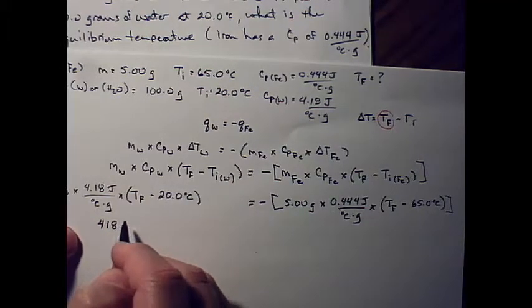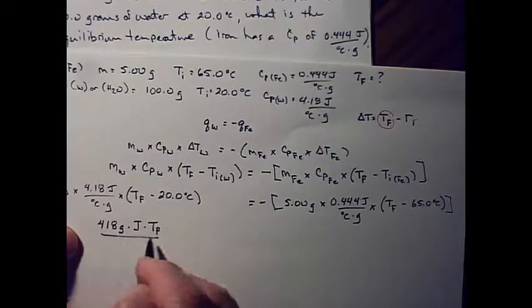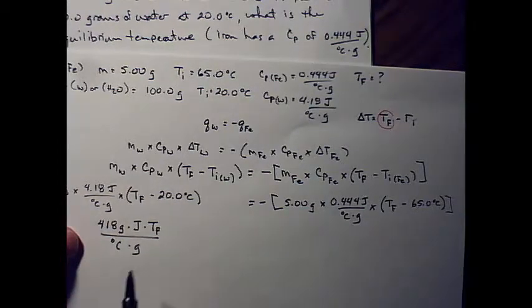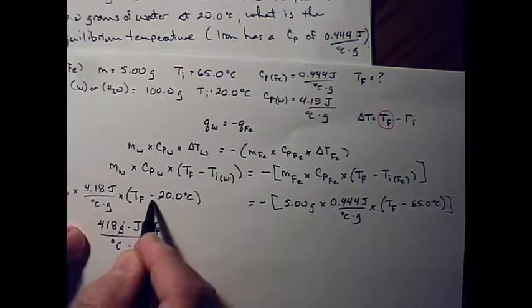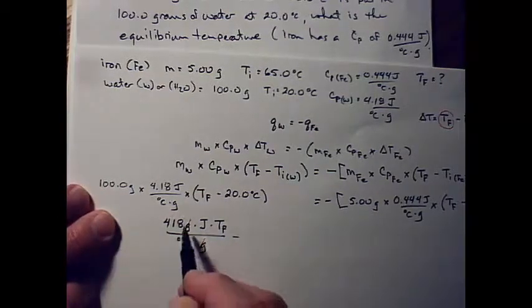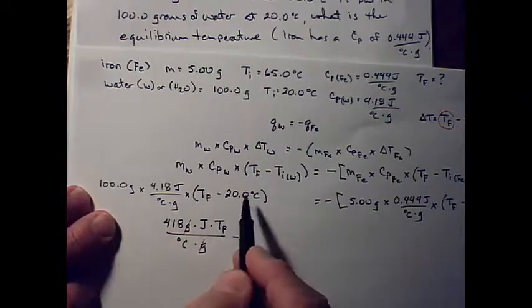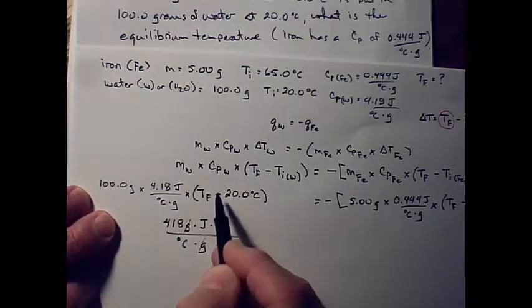So we're going to start out with grams times joules times T sub F over degrees C times grams. Okay? And we can see already we can cancel out grams. And so the second term we subtract here. So this term came from this times this times this. Okay? And then the next term is this times that. And we're subtracting because there's a subtraction sign here.